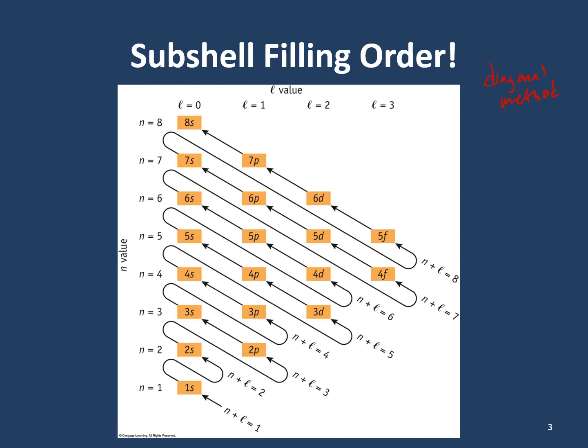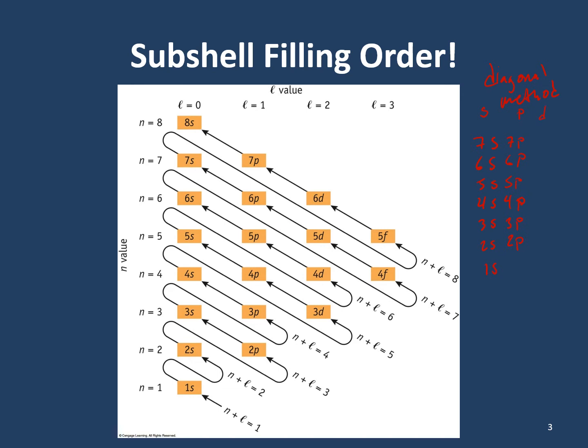What that looks like is I just start counting up 1s, 2s, 3s, 4s, 5s, 6s, 7s, and so on, all in a column. This is my s column. Then I do the same thing with a p column, starting at 2 because that's the first 2p: 2p, 3p, 4p, 5p, 6p, 7p, and so on.